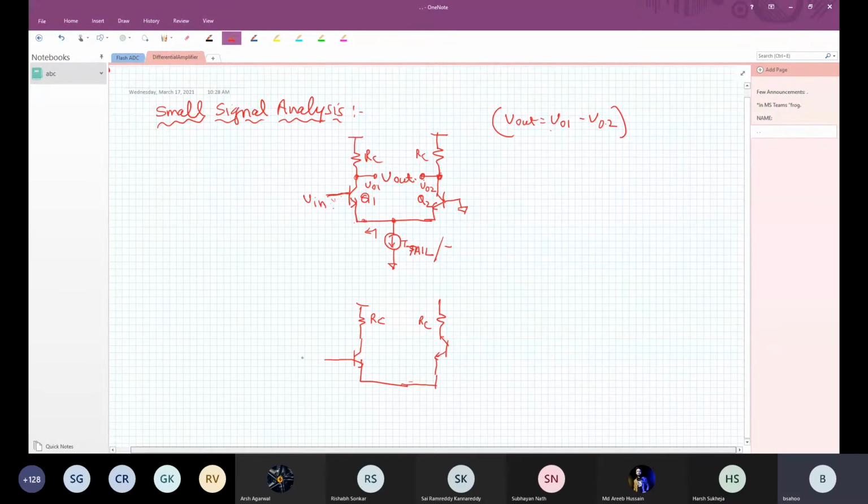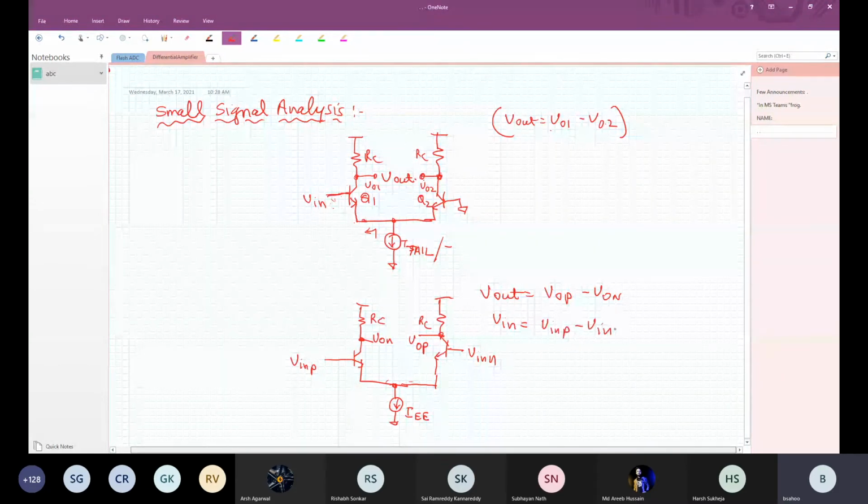Now the fully differential input is denoted as V in P and V in N, and we have the tail current IEE. We define the outputs as VON and VOP. So V out equals VOP minus VON, and V in is V in P minus V in N. Therefore the voltage gain is V out over V in.